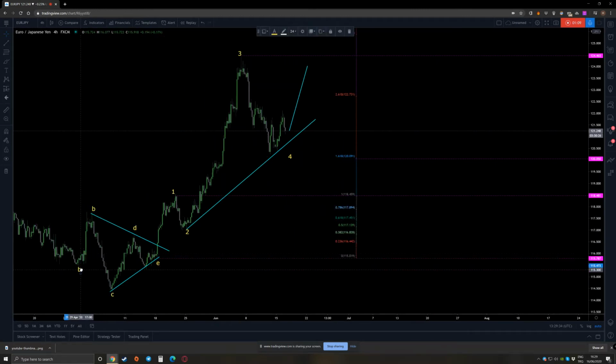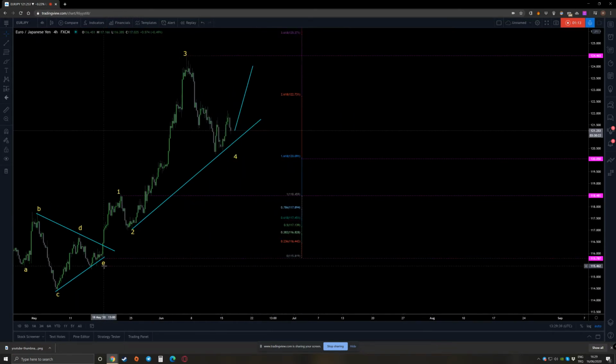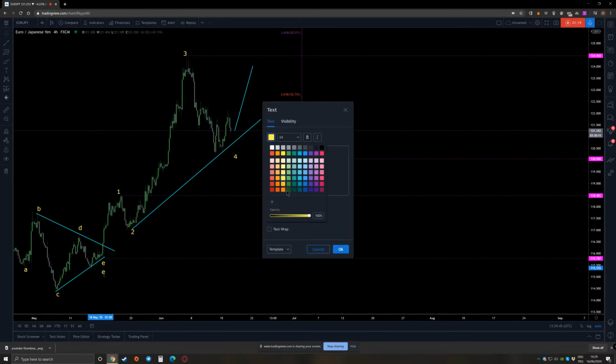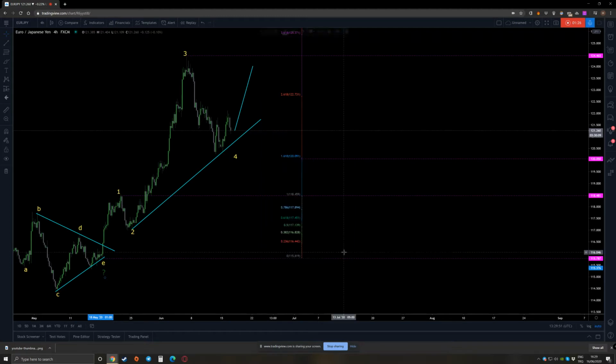If you ask me, it's somewhere around here. But of course, when you have this triangle, it means that something on this bigger degree has ended here. As of now, we don't know it yet, but whatever started after this will give us a clue where we can be.